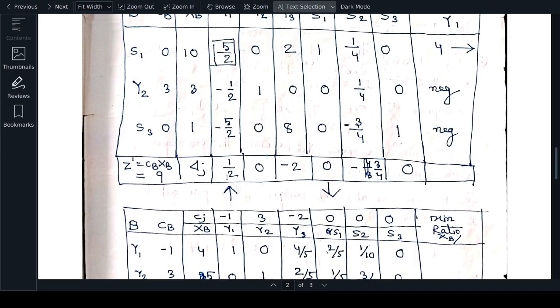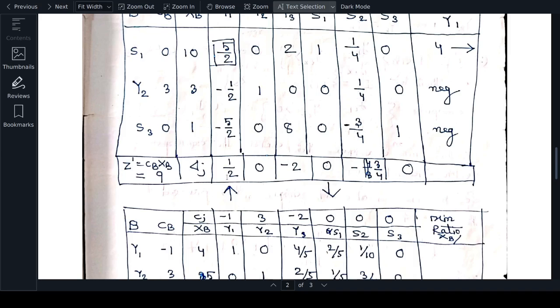Next 8 minus 5 by 2 into 2 divided by 5 by 2, so this is 10. Next 0 minus 5 by 2 into 1 divided by 5 by 2, and this is 1. Then minus 3 by 4 minus 5 by 2 into 1 by 4 divided by 5 by 2, then you will get minus 1 by 2, and 1 minus 5 by 2 into 0 divided by 5 by 2, same as earlier.